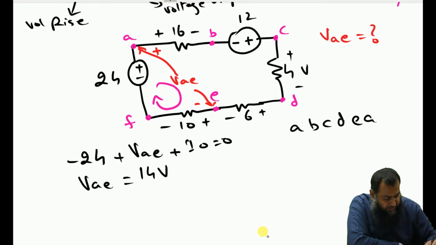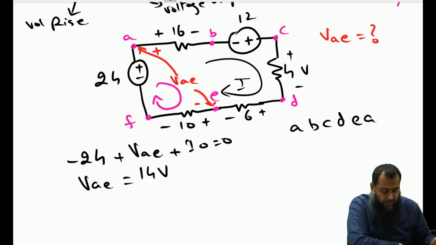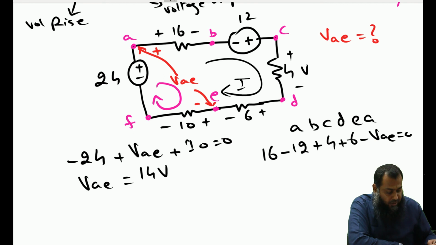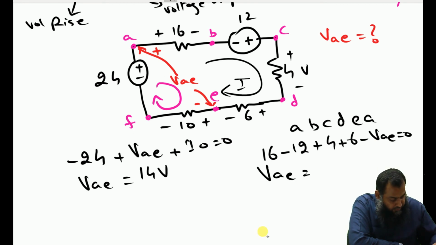So if I say that we have some current I flowing here with the same assumption that we have A side positive, then starting from this particular side, this is 16, then it is entering the negative terminal, so minus 12. Then the current enters the positive of this 4, this is plus 4. Then it enters the positive of 6, this is plus 6, and then it enters the negative terminal of this VAE, so minus VAE, that is equal to 0. Now if I sum this up, VAE is equal to 14 volt.